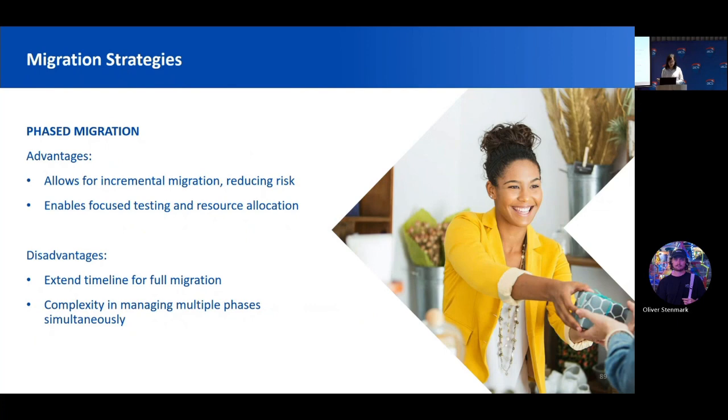The last strategy I'm going to talk about is just-in-time provisioning. Just-in-time provisioning means the migration gets triggered based on user activity. When a user tries to authenticate and access the resources, the whole provisioning happens.